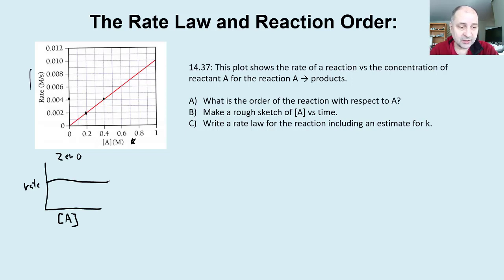This is how you can tell that it's zero order. And if this was second order, which means if you double the concentration of your reactant, you are quadrupling the rate, that would be an exponential increase, so it would look like this. I'm running out of space here, but that would be for second order.